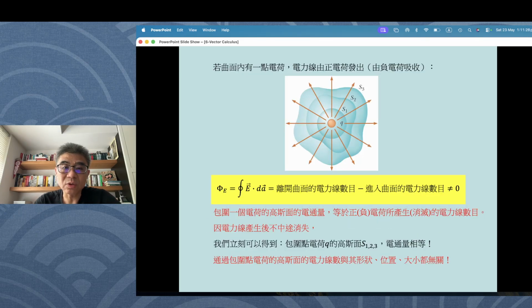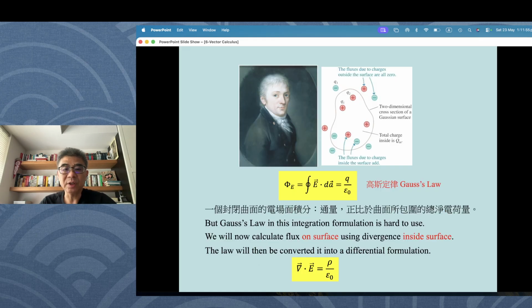It is easy to see, because once the electric field lines are generated by a charge, they will go through S1 as well as S2 as well as S3. Therefore, the electric flux is independent of the shape, the position, and the size of the Gaussian surface.